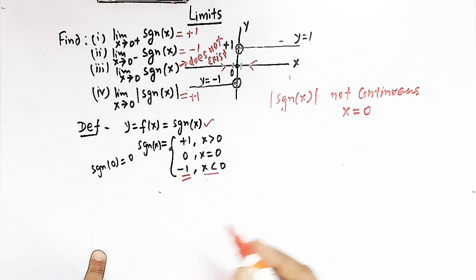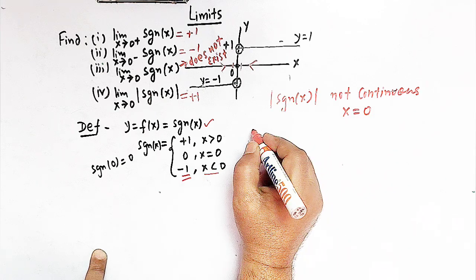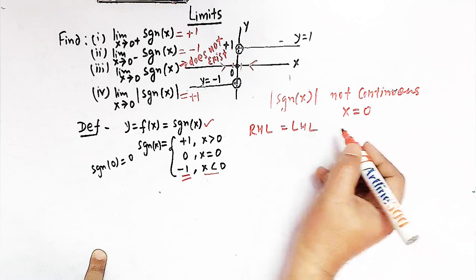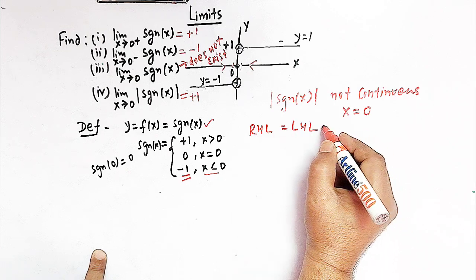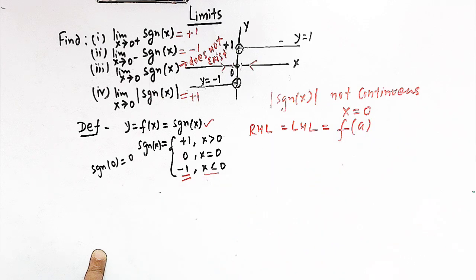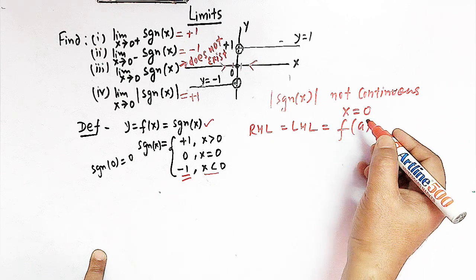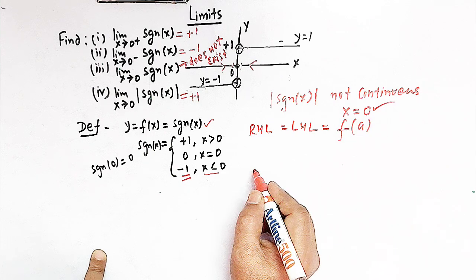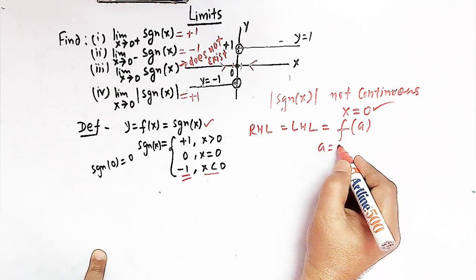A function is said to be continuous if the right hand limit is equal to the left hand limit, and both these limits should be equal to the value of the function at the given point, that is the point of consideration. So here the point is x is equal to 0, that is a is 0.